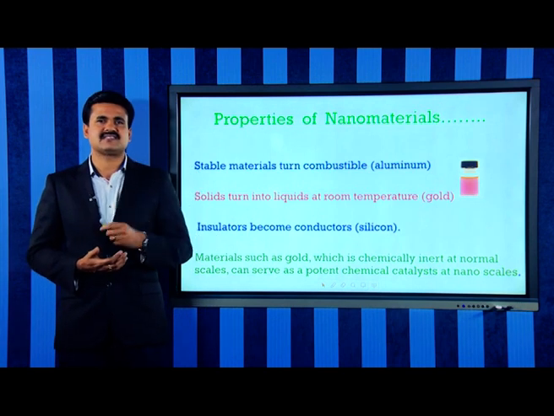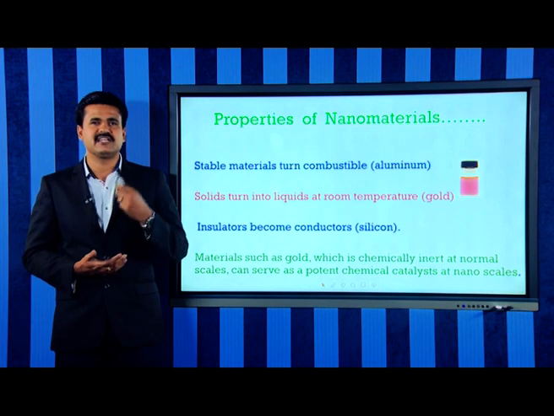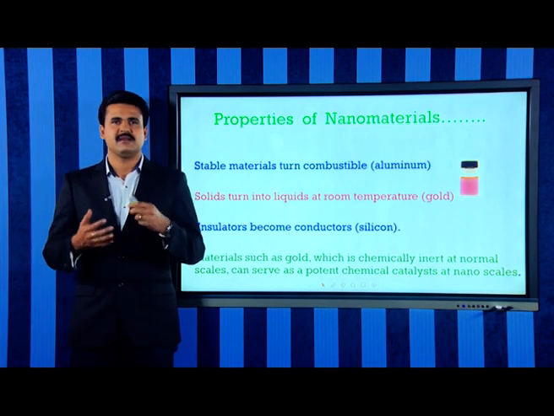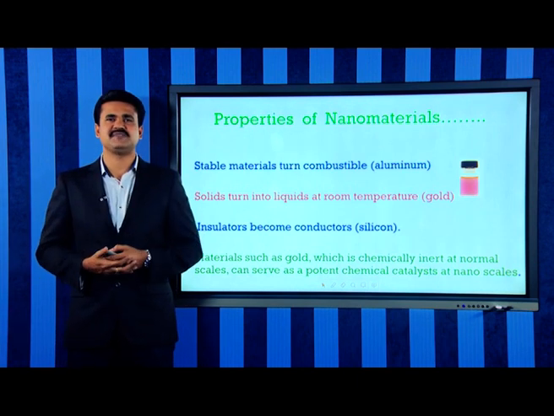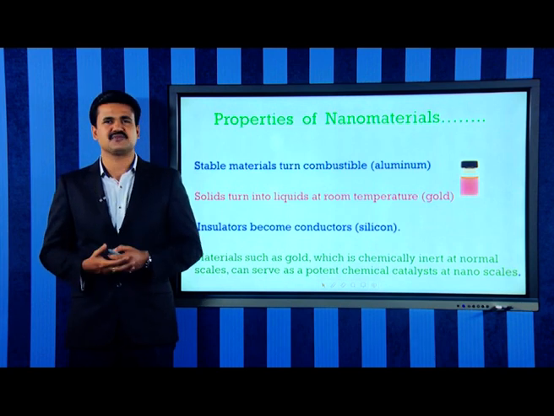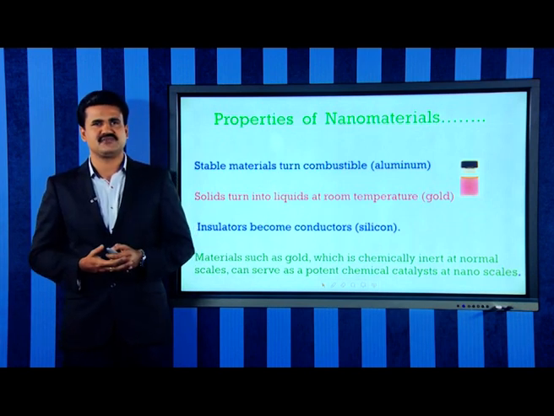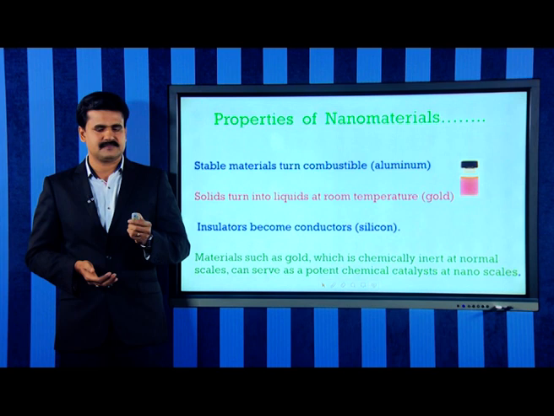Materials such as gold, which is chemically inert at ordinary condition, can have catalytic activity, reactivity, etc. That is, the properties of the nanomaterial are entirely different from those of bulk materials.